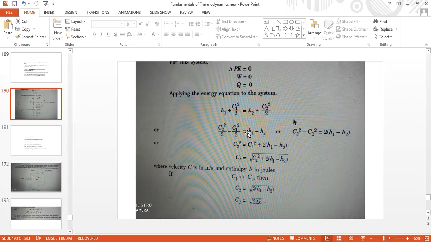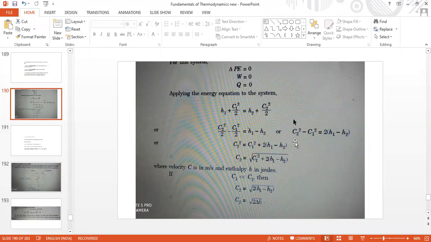You will be supplied steam tables to look up the properties of steam, and you need not bring any steam tables to the examination halls. The examination cell or the college will supply you the steam tables. Here what is asked is H2.